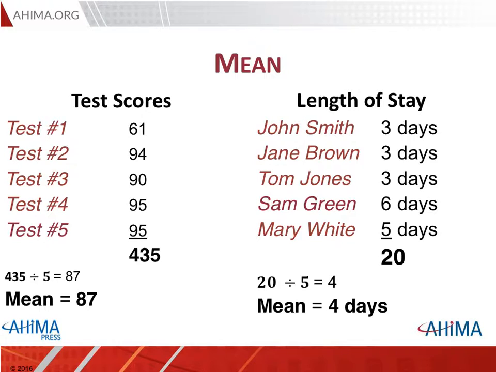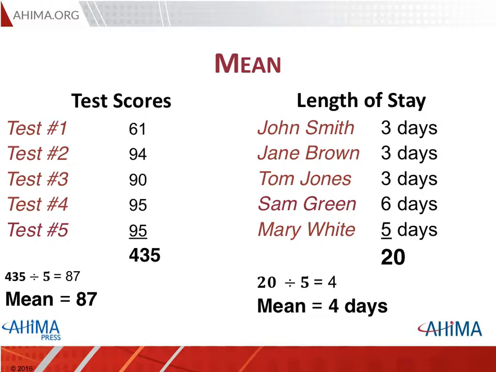The first term we are going to discuss is the mean. You have been calculating the mean of your data since you have been in grade school. Instead of mean, you may have called it the average. For example, let's say you've had 5 tests in your biology class and you received a 61, a 94, a 90, and a 95 on each of your last tests.